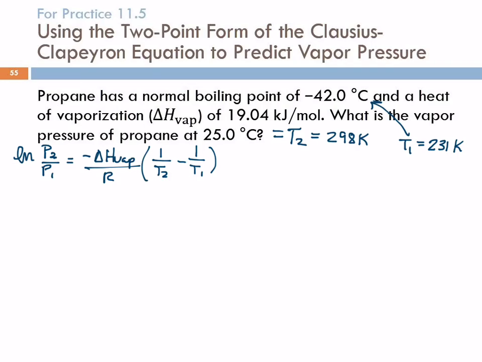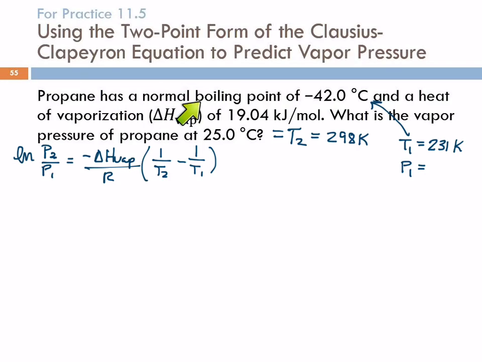What is the vapor pressure at minus 42? They didn't give us a pressure, did they? They're asking us for one pressure, but they didn't give us the other one.